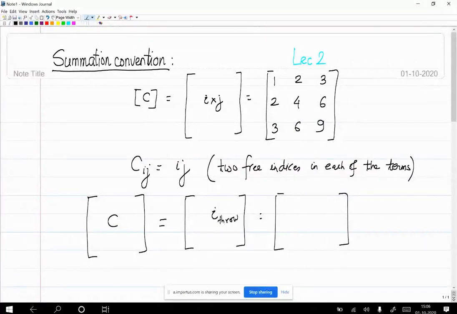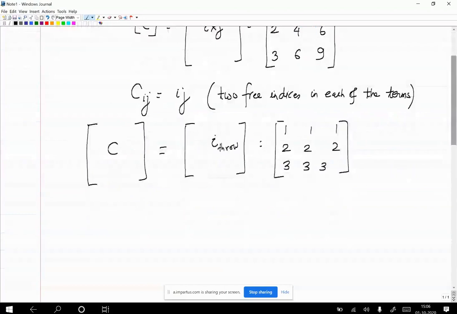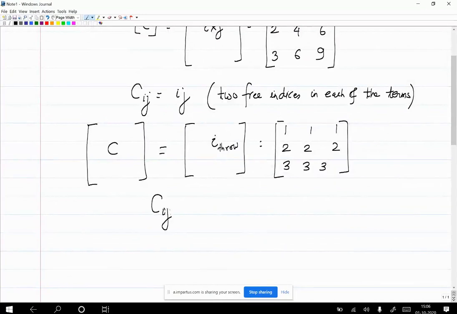The entry is the row itself, the row number. So the first row, everything is 1, 1, 1. Second row, everything is 2, 2, 2. And third row, everything is 3, 3, 3. And if I want to write this now in summation convention, I will say that Cij is equal to I, isn't it?